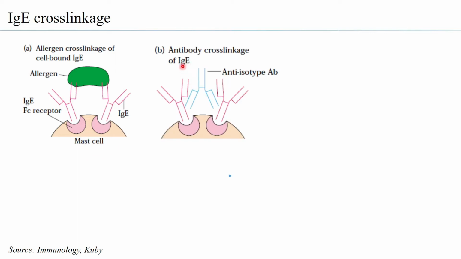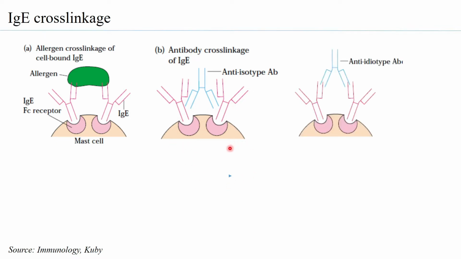To confirm whether this is really the case, anti-isotype antibodies were used for IgE, which can come and bind to both the IgE, cross-link the two, and you will again have the mast cell degranulation.